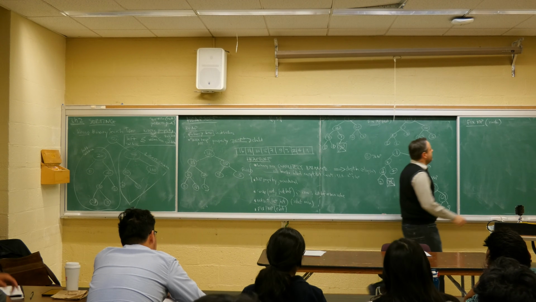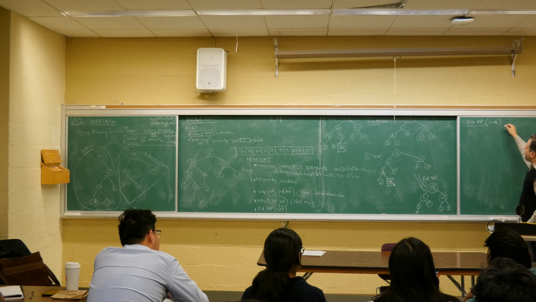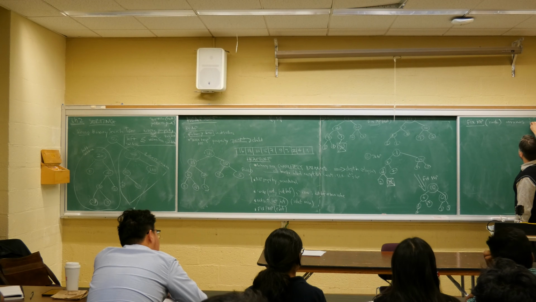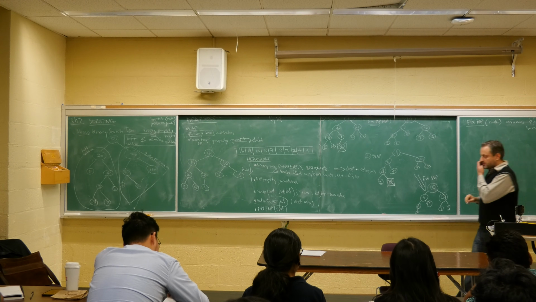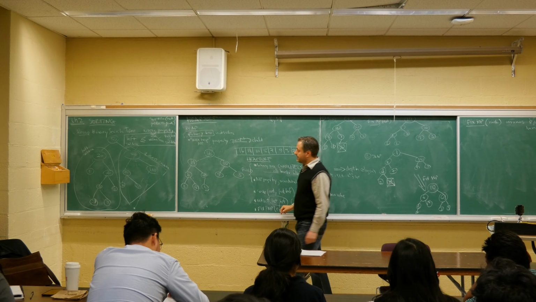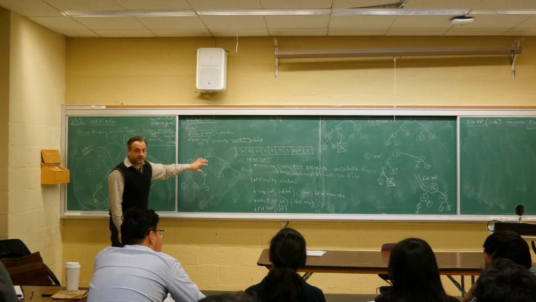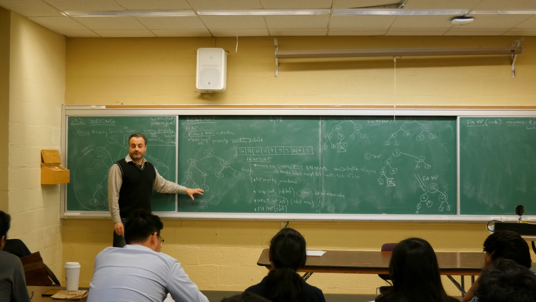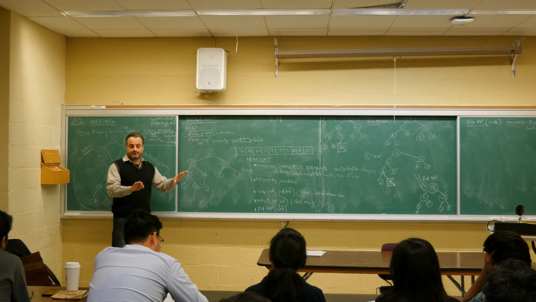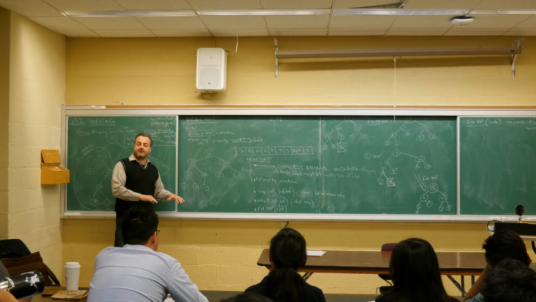So the fix MP of a node assumes the right and left subtrees have the MP property. So I'm going to describe a procedure that does the fixing starting at some node, any node, assuming under that node stuff is good. So I'm going to assume that it's fixed under it, not on top.